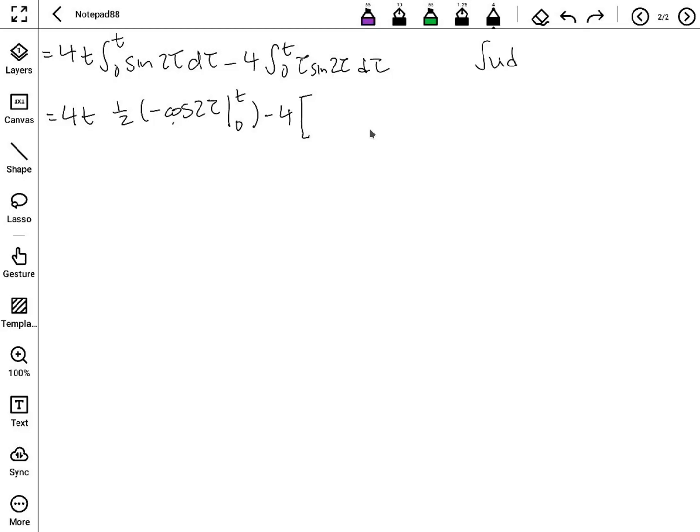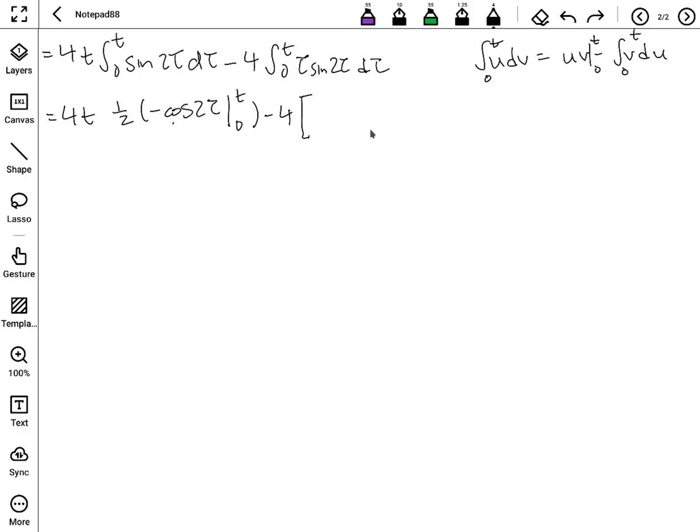My integration by parts is the integral of u dv is uv minus the integral of v du. And because this is a definite integral, I do have to hold on to my bounds. Everywhere I put in functions, I'm still going to do evaluation from 0 to t.